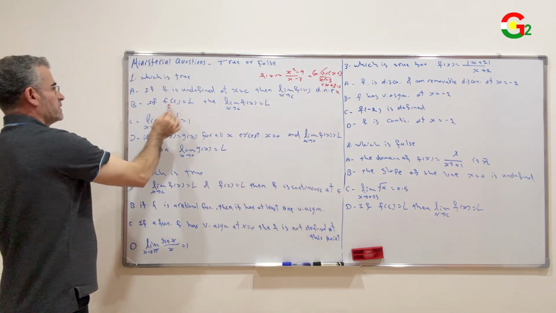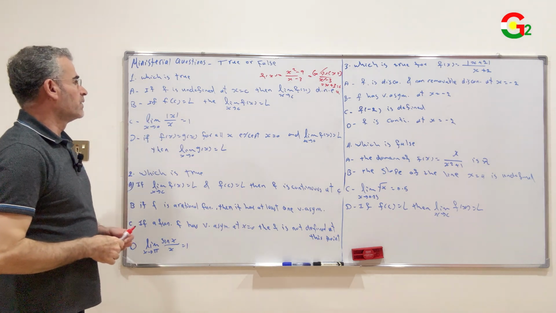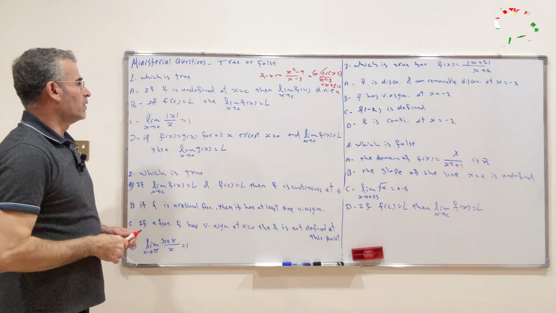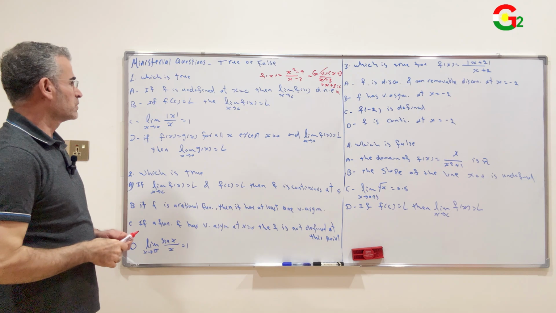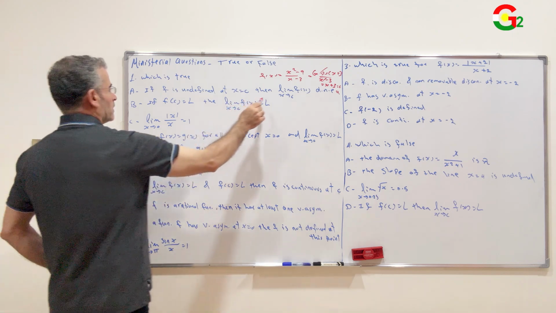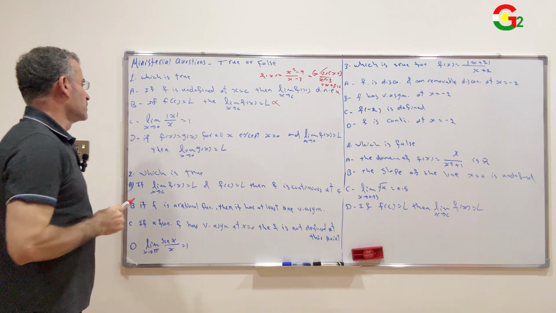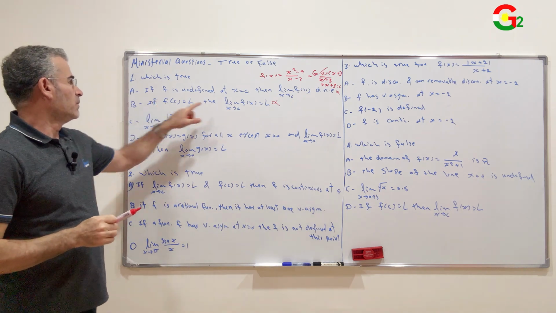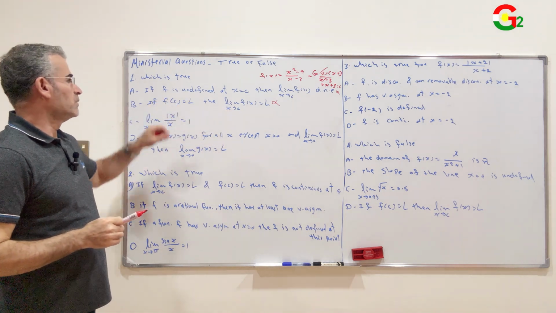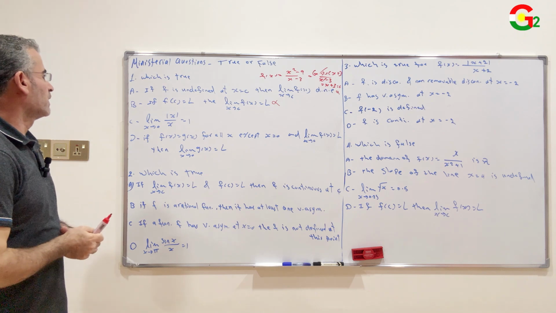If f of c equals L, then the limit of f of x when x approaches c equals L. This is not necessary. Sometimes the limit is not equal to the value of the function.